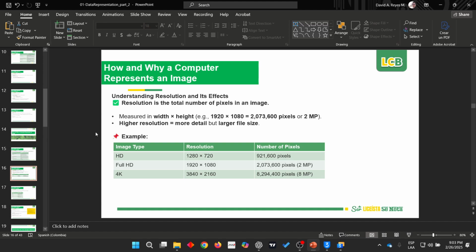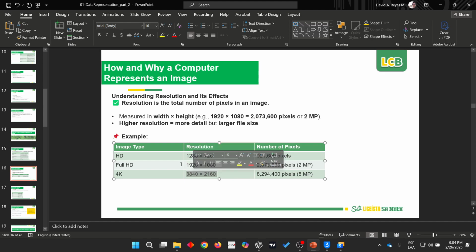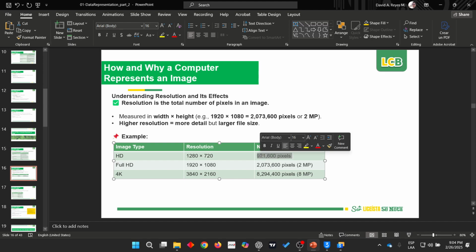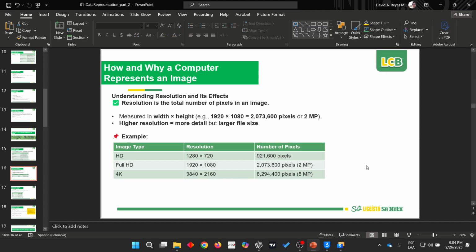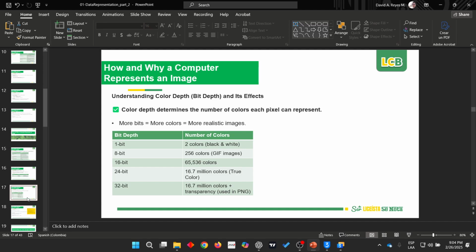Higher resolution means more detail but a larger file size. Have you ever heard HD, high definition, full HD, full high definition, and 4K? These are the resolutions for those images. The more resolution you have, the bigger the file size is going to be because you are using more pixels.